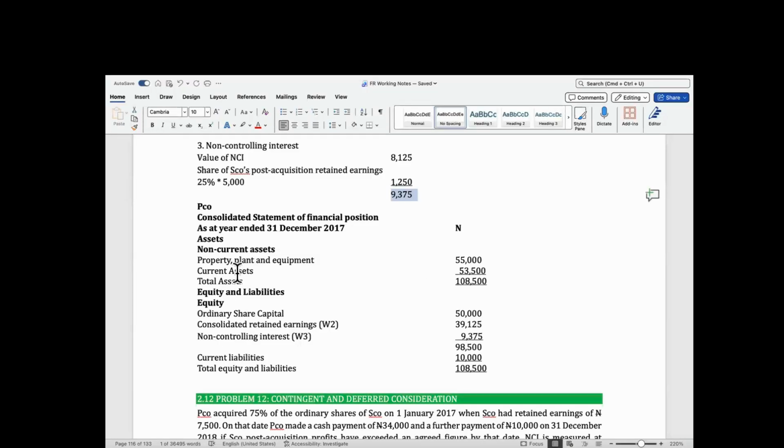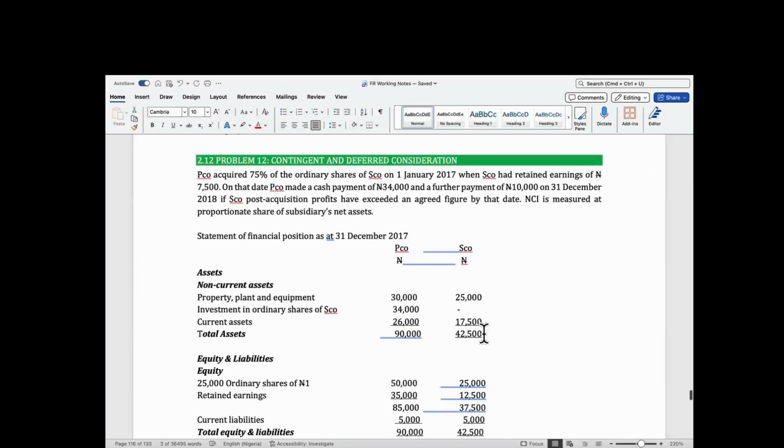In this case, I don't have goodwill and all of that. So I can easily pick my consolidated retained earnings and my NCI from my workings. Every other one, I'm just adding the line items of the parent and the subsidiary together. So it's just cancellation.